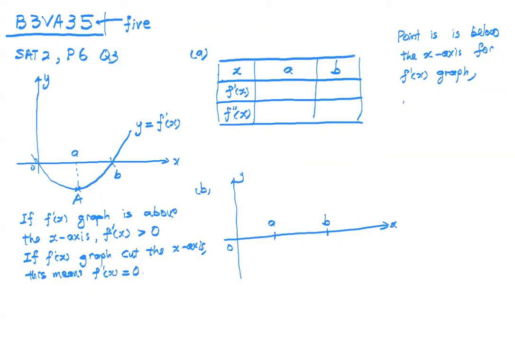Therefore, f prime A is less than 0. So you put a negative here. Any question?